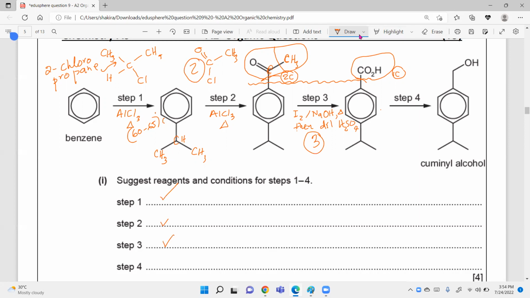But what is there in the product of reaction 4? This has gone to CH2OH. Carboxylic acids go to primary alcohols when they are reduced. So we have to have lithium aluminium hydride as the reducing agent for this reaction. Lithium aluminium hydride for step 4. It is also done.